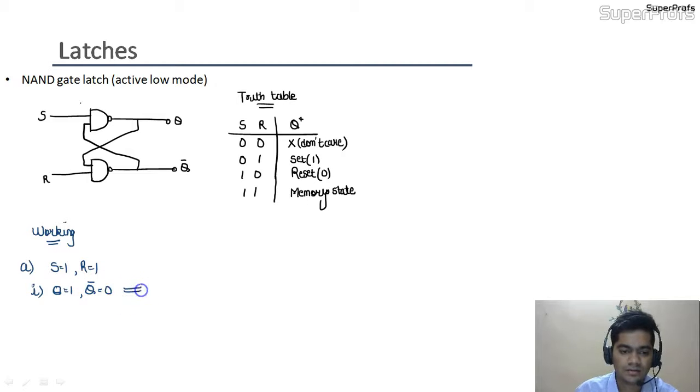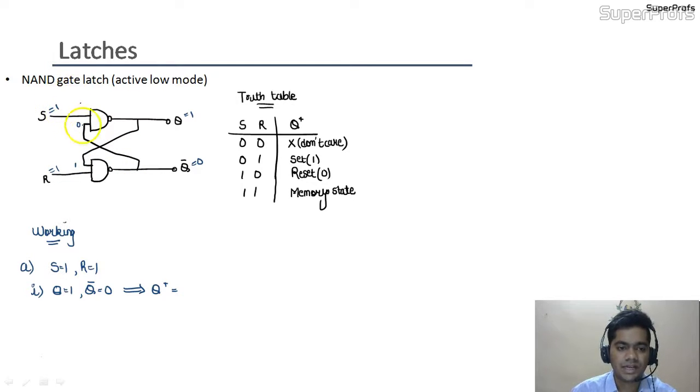Now we have to know what would be our next output. I am marking in this circuit only, or you can write the working by making another circuit. So S equals 1 and R equals 1, Q equals 1 and Q bar equals 0. This Q would transfer at this point and this Q bar would be transferred at this point.